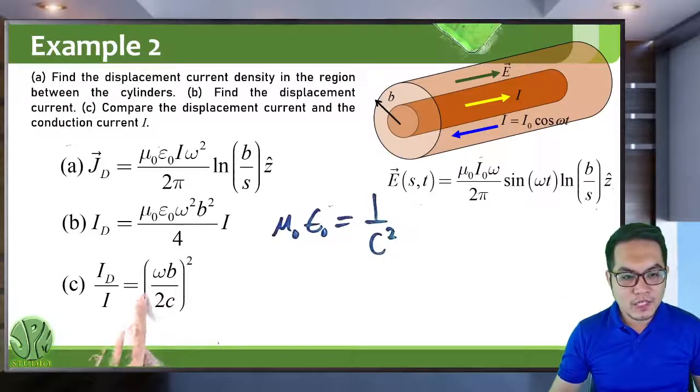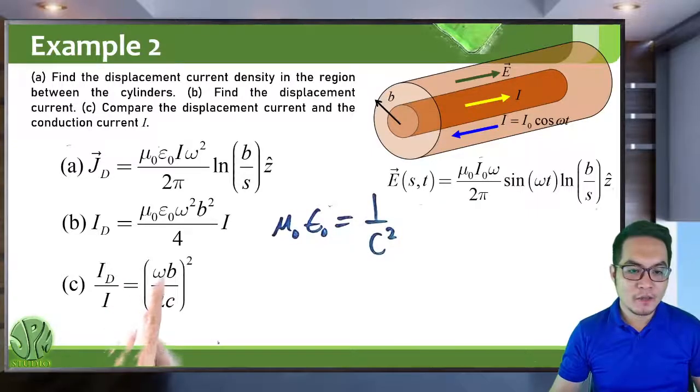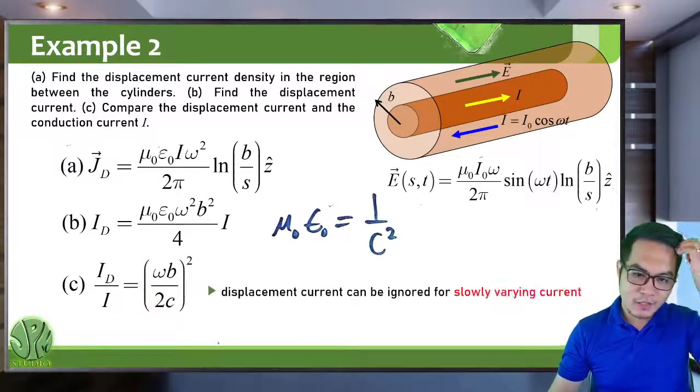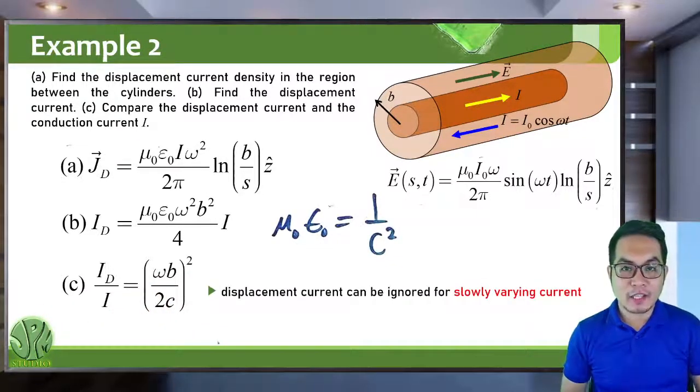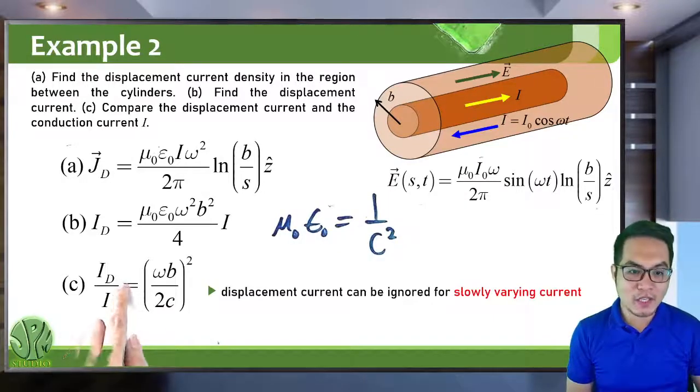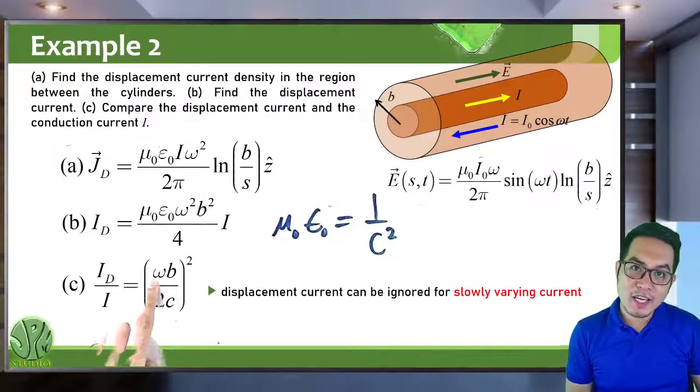You will notice that the ratio of the displacement current to the conduction current depends directly on omega squared. Omega is the angular frequency. So displacement current can actually be ignored if you have a slowly varying current, meaning low frequency variations in current.